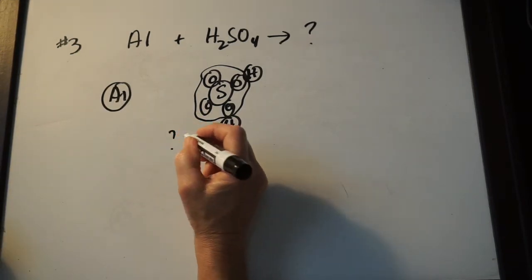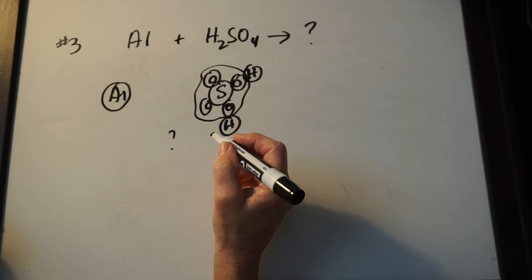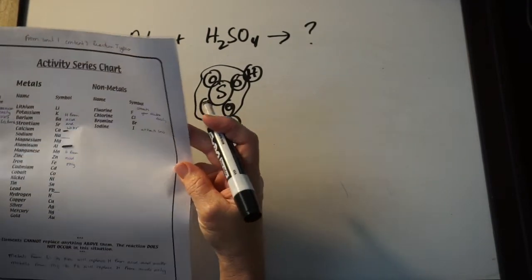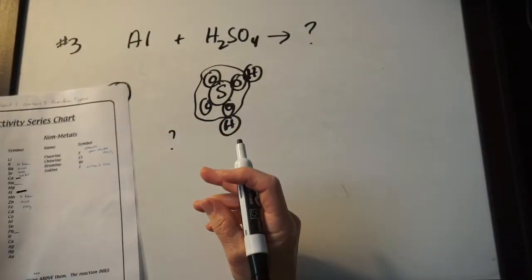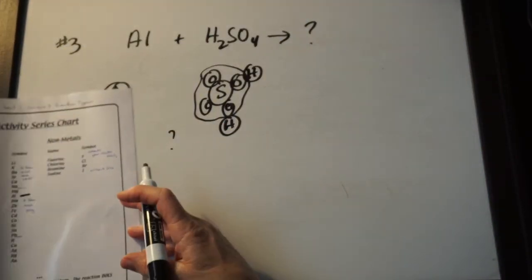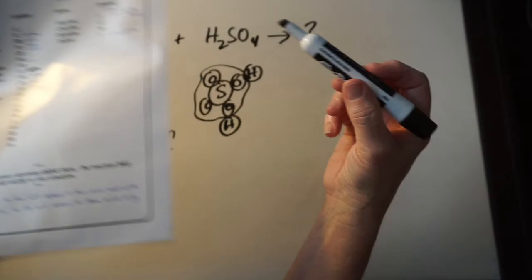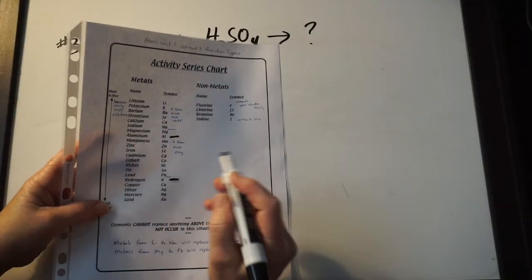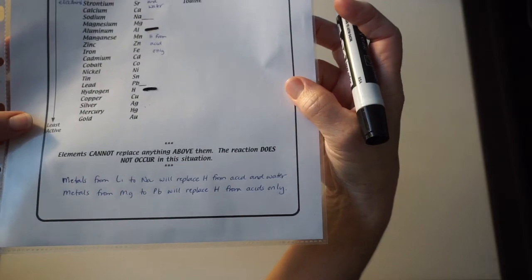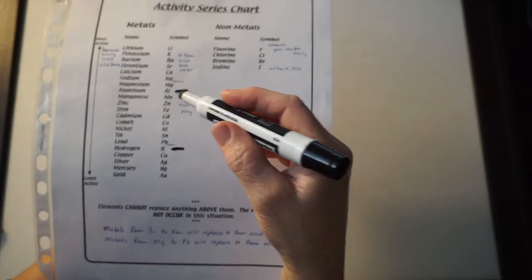So how do we know that? Well, thank goodness, thousands of other experiments have been done, and this beautiful table is designed. And I'm going to look at aluminum, and I'm going to look at hydrogen. So hydrogen is way down here. Okay, so I've got aluminum and hydrogen.